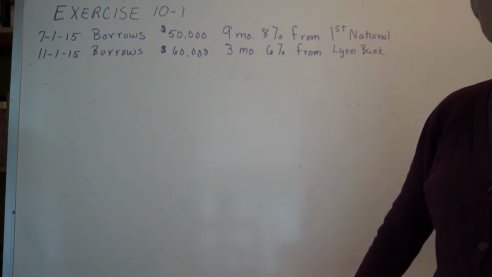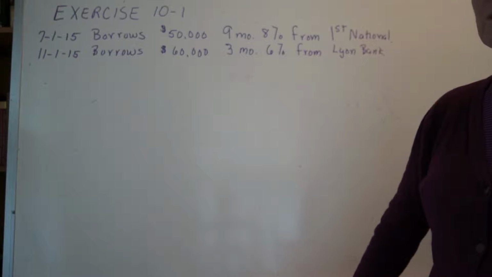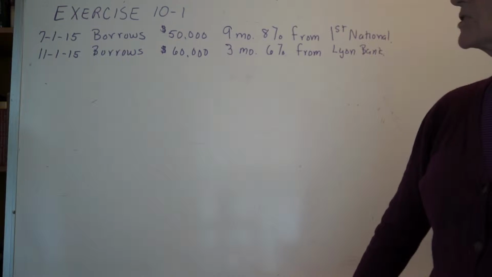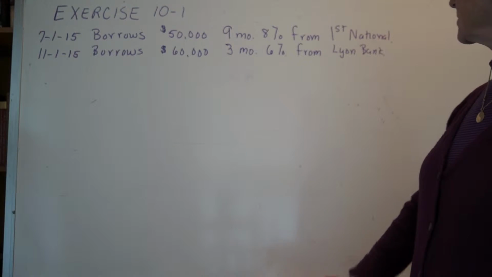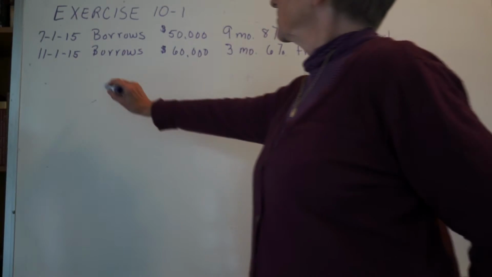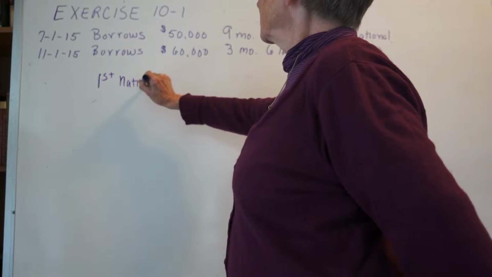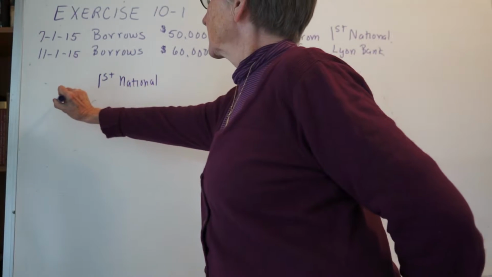So at 12/31, we're going to have to say, well, how much interest have we accrued so far? How much interest expense? The easy way to do these is to get all the information ahead of time. So start with the First National note. What's the total interest on that going to be?